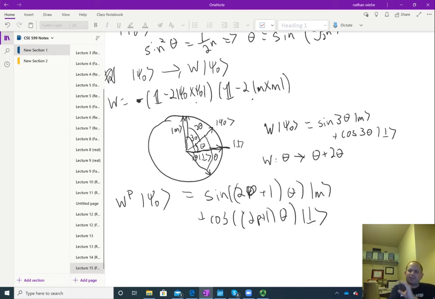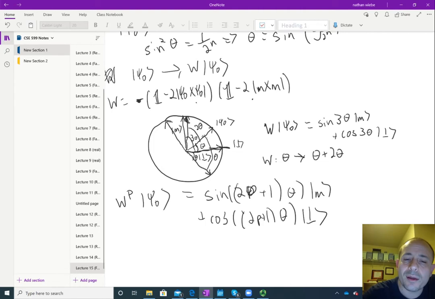But I want to take a step back and actually just look at a particular case, or get some intuition for what's going on here. So what's happening is that we've got this vector that we're rotating about the axis. If we stopped here at 2 theta, we'd have a very high probability of success.